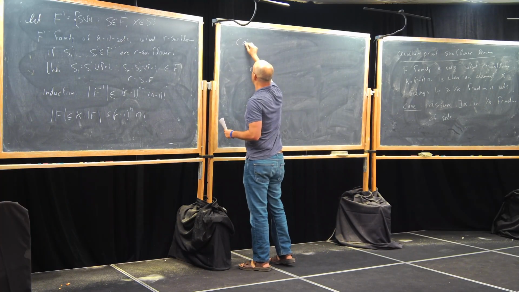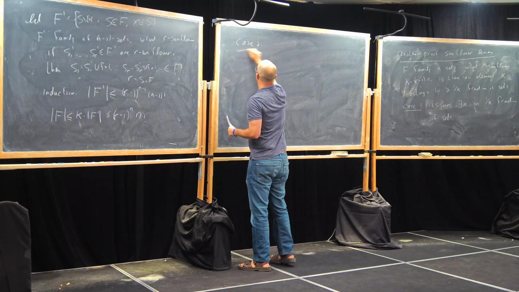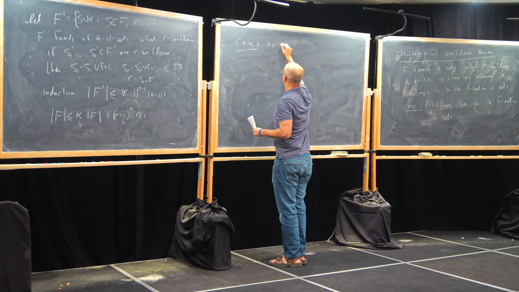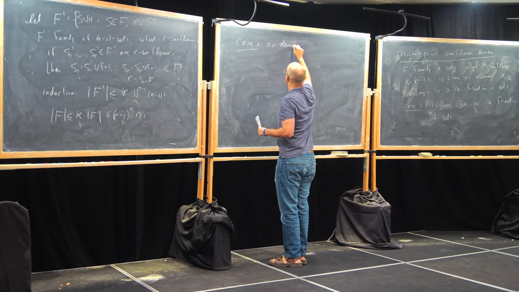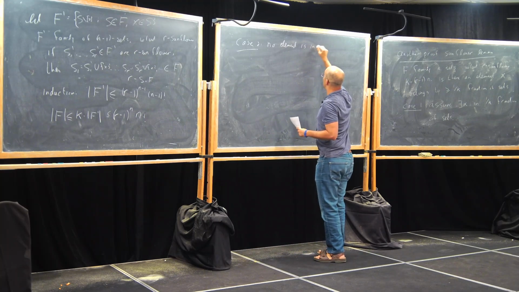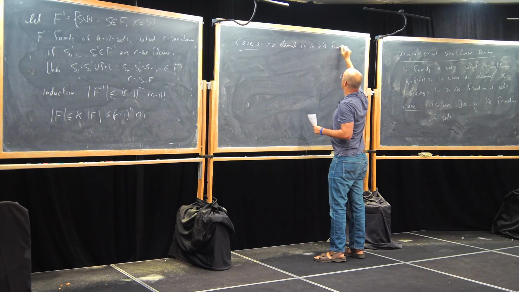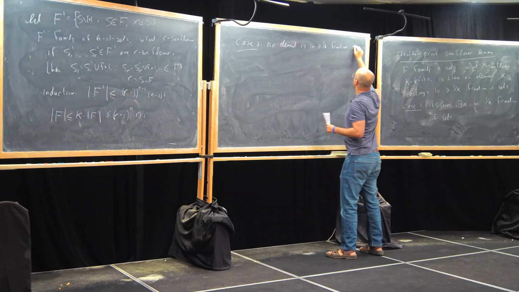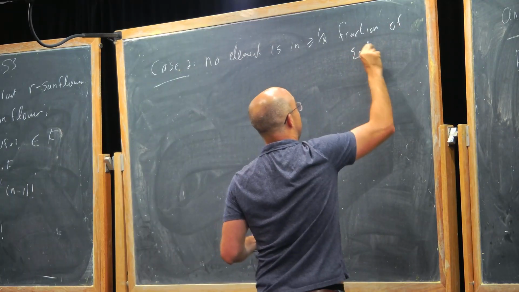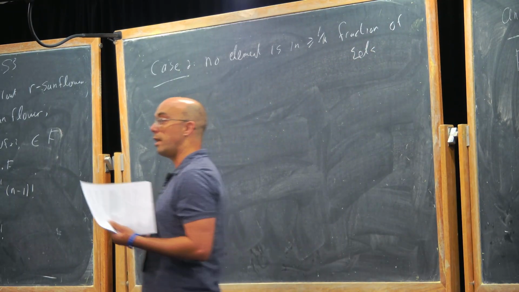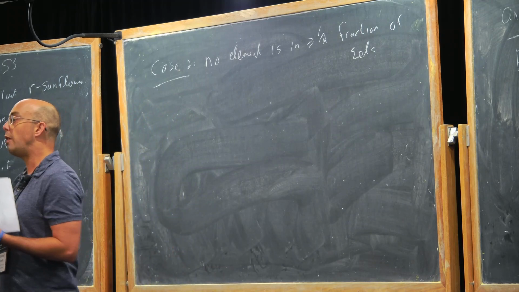So case 2, no element is in at least 1 over k fraction of sets. So in this case, we want to say that our set system has some random-looking behavior.